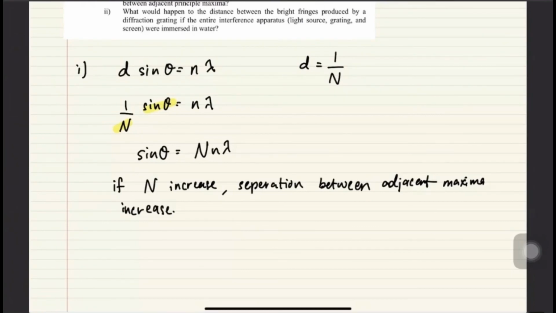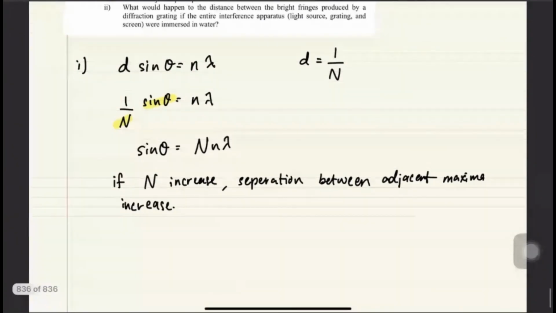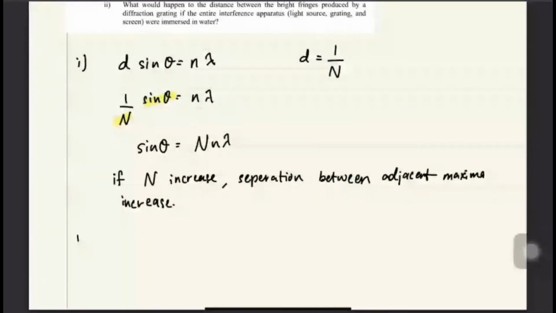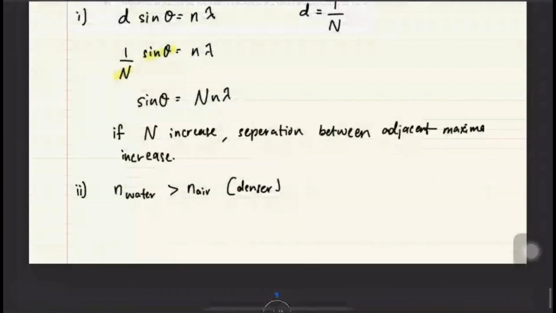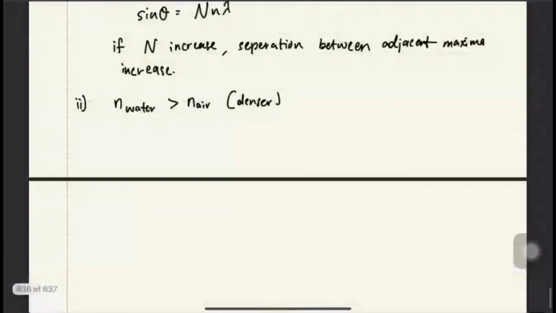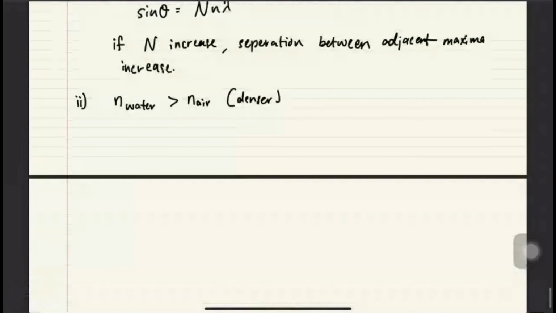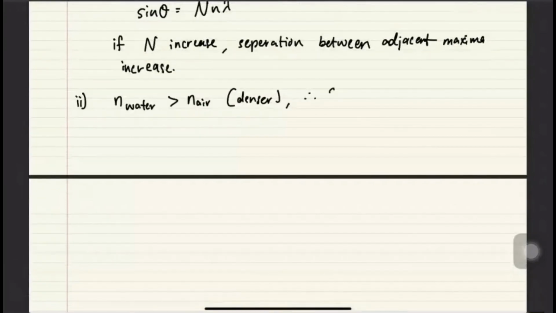Okay, the second question says, what will happen to the distance between the bright fringes produced by the diffraction grating if the entire interference apparatus were immersed in water? When you immerse it in water, the refractive index of water is bigger than air, so it is denser. If light travels in a denser medium, therefore lambda will decrease.